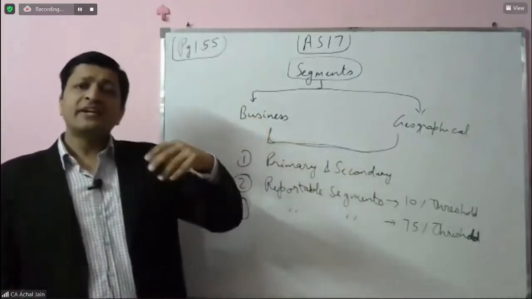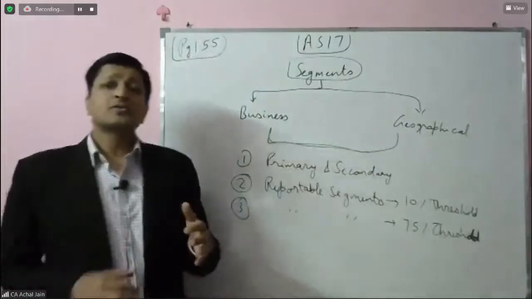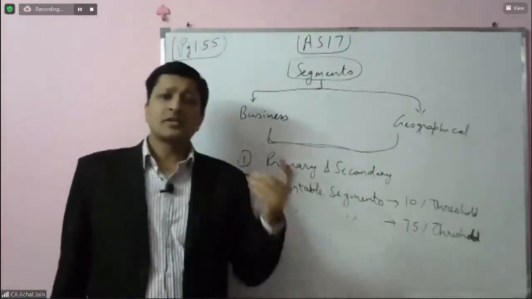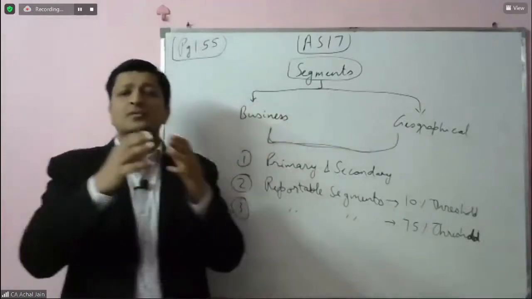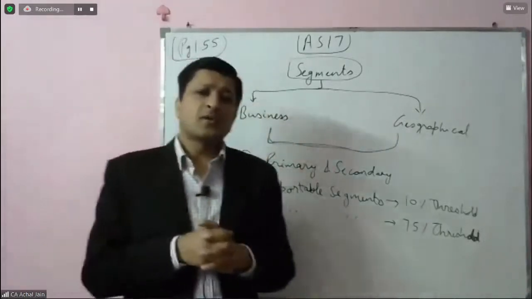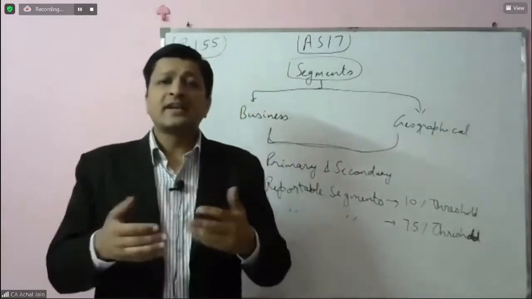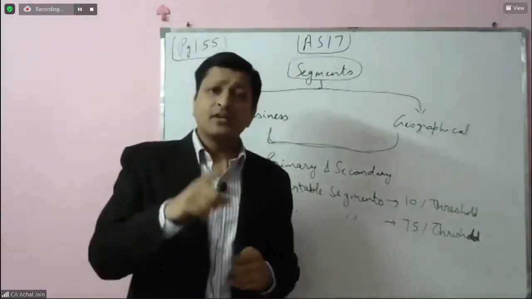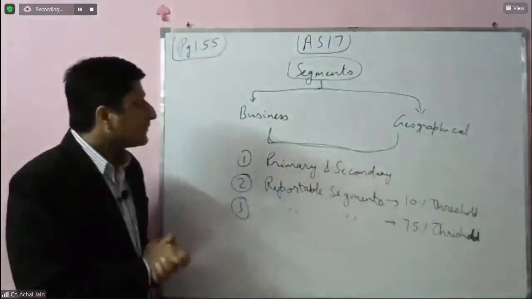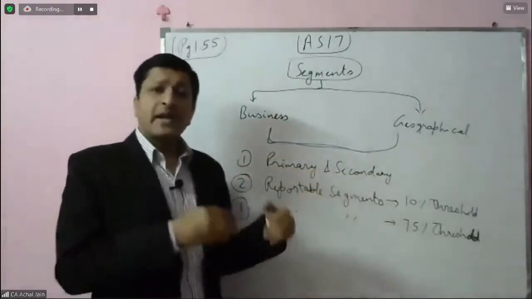So every time when we talk about disclosures, we will be talking about disclosures related to primary and disclosures related to secondary. We will not be talking about disclosures related to business segment or geographical segment. That is not how you will check the requirements related to disclosures. So in a way you can also say that the segments can be broken into two categories, primary and secondary.